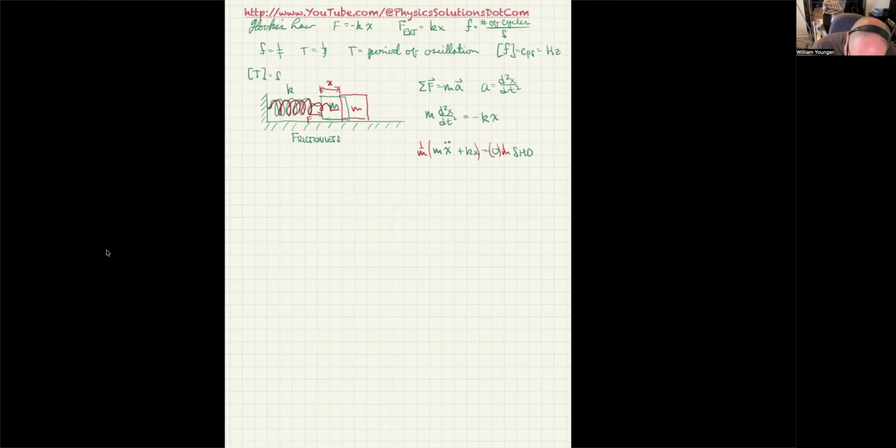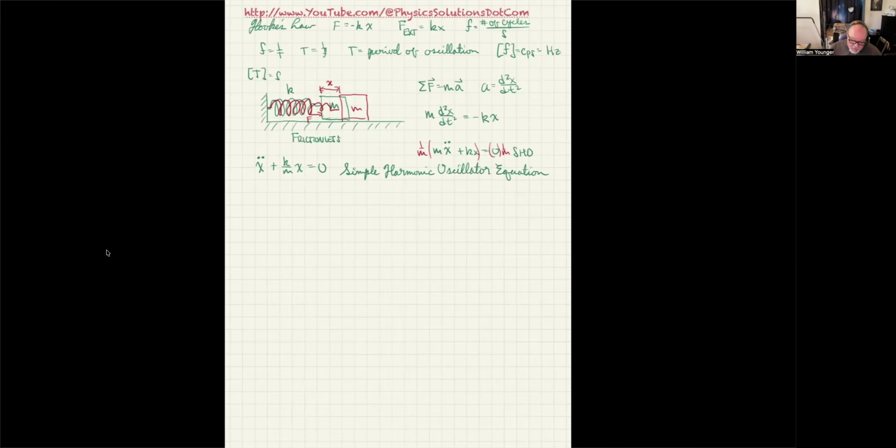But either way, once we've done this, what we get is x double dot plus k over m times x is equal to 0, and this is what I want you to recognize as the simple harmonic oscillator equation.